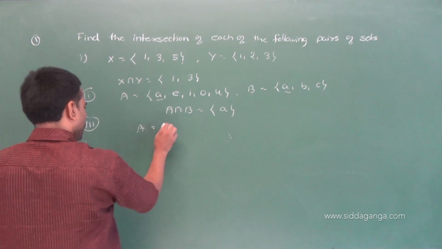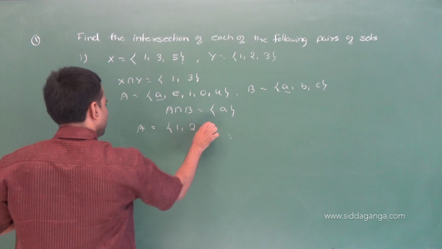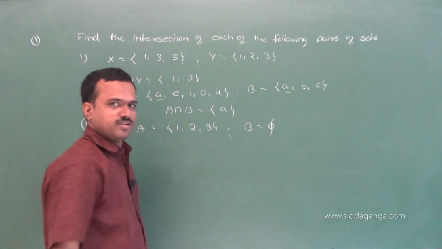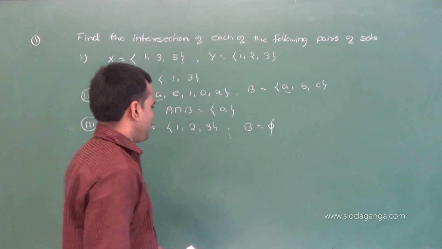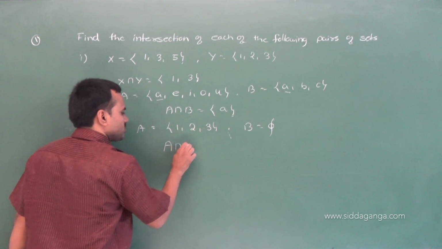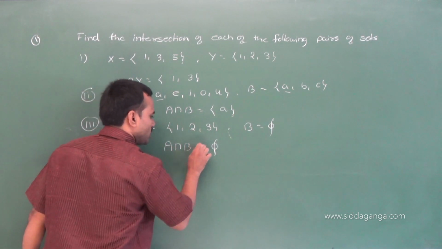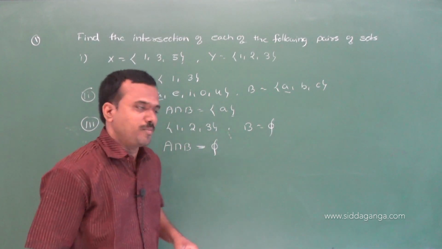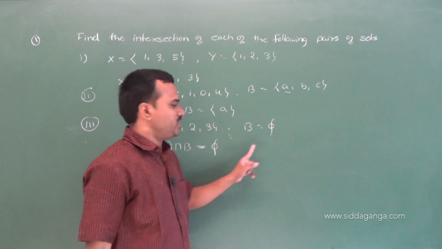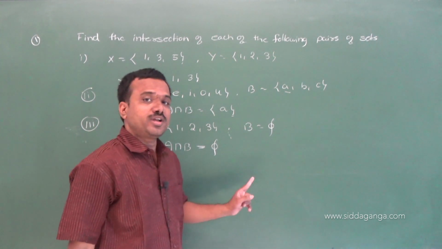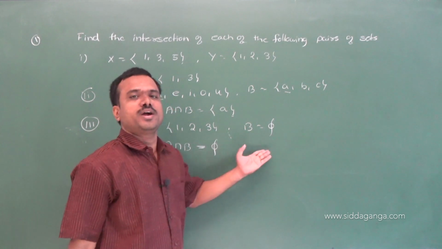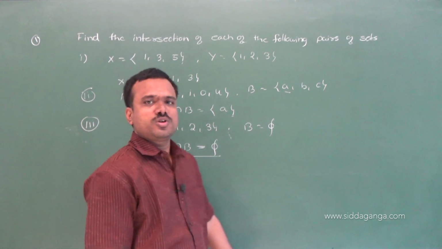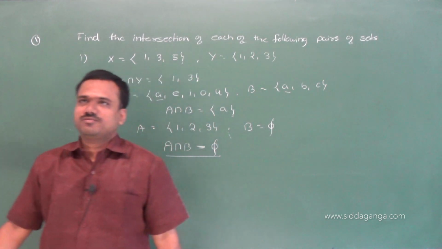A is equal to {1, 2, 3}, B is equal to empty. Then A intersection B is also empty, because we write the common elements. Since B is empty, A intersection B is also empty. Why is it empty? There are no common elements. That's why A intersection B is also empty.